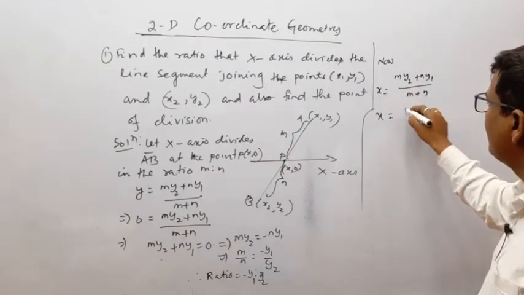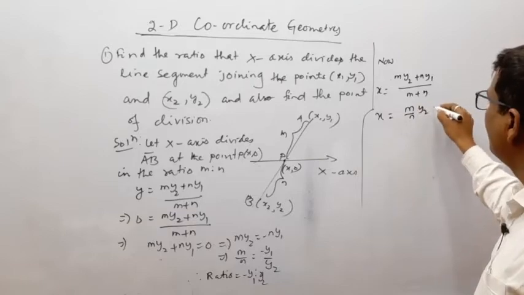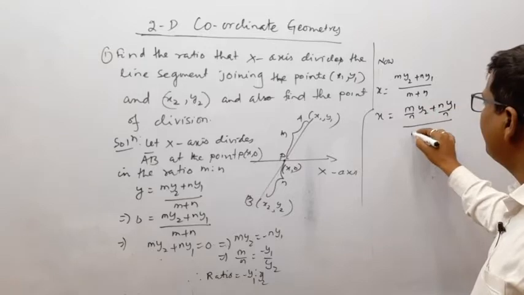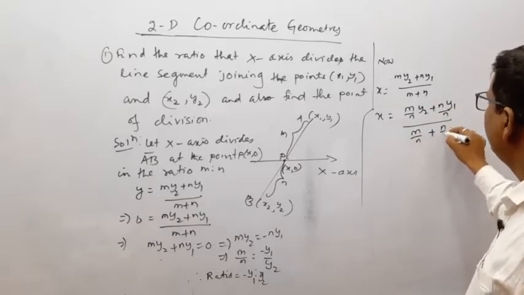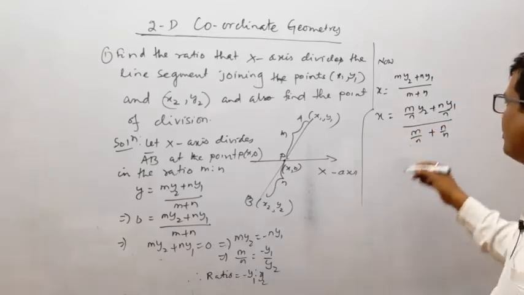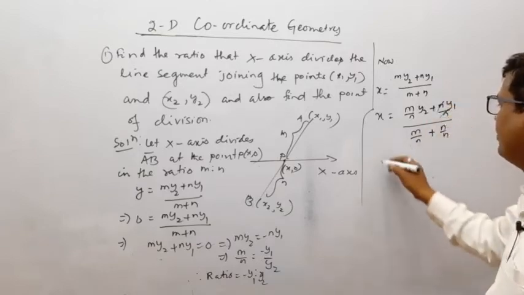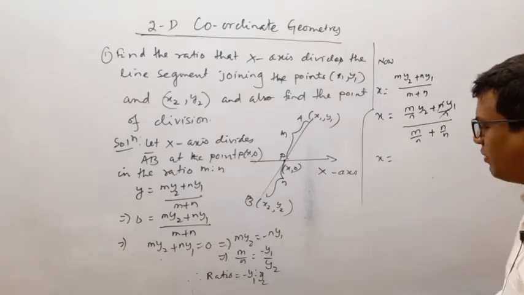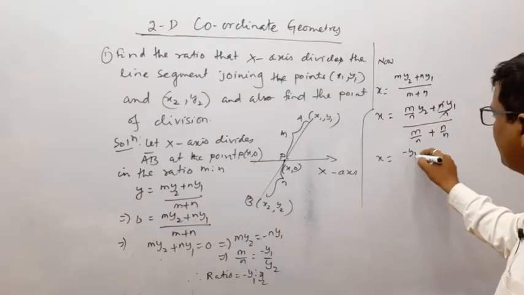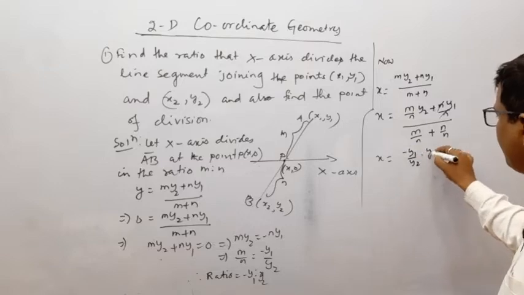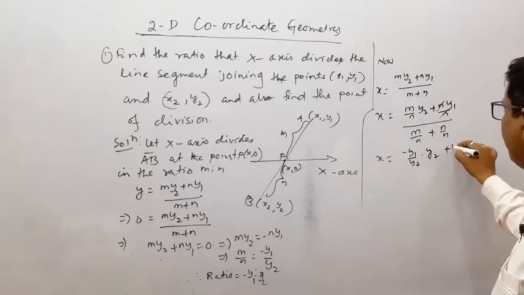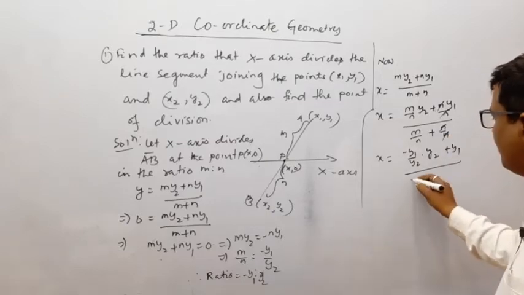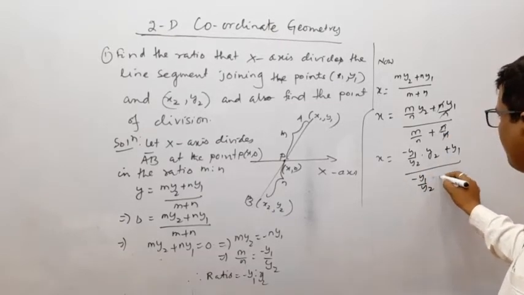So x is equal to m by n y2 plus n by n y1 divided by m by n plus n by n. So n by n cancels here, and m by n equal to minus y1 by y2, so x is equal to minus y1 by y2 into y2 plus y1 divided by minus y1 by y2 plus 1.